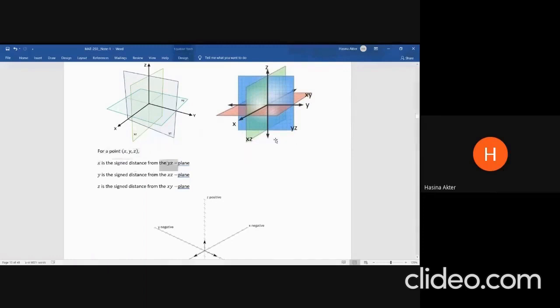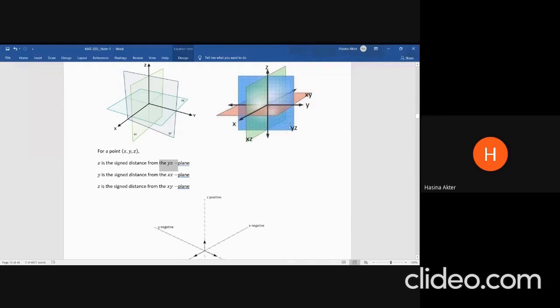The blue plane is the YZ plane. If you are on this portion, then the distance is positive. The front portion has the positive X values.